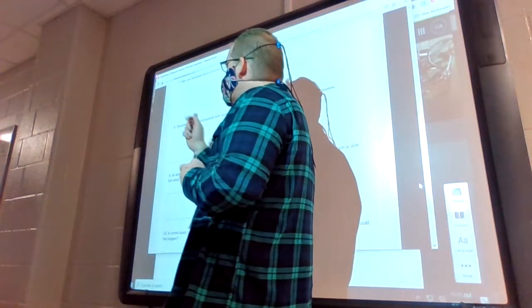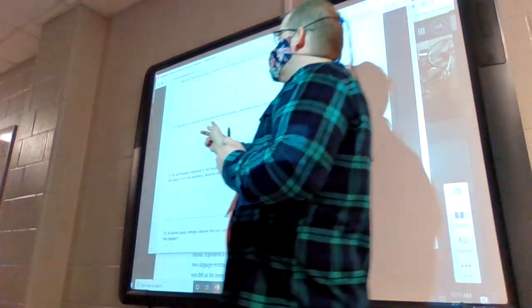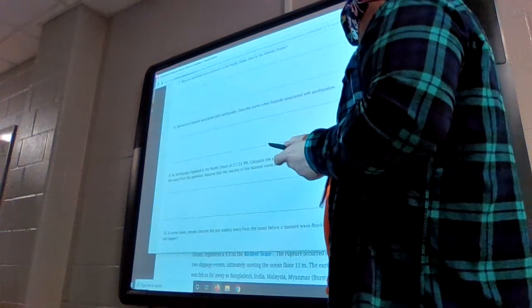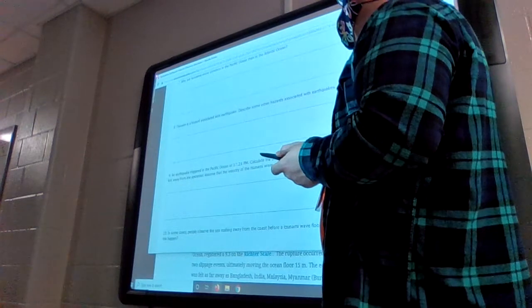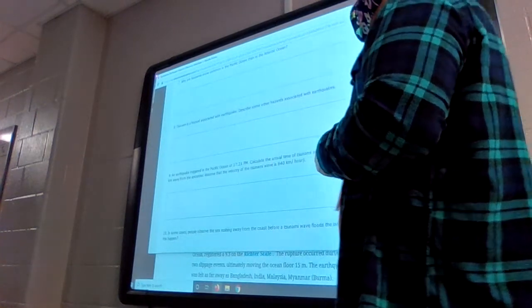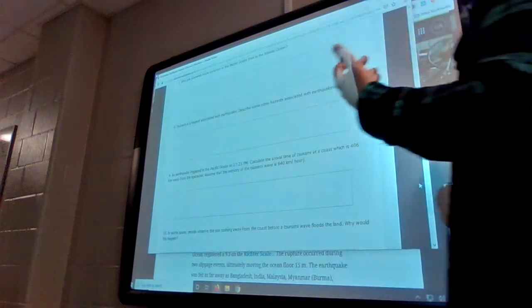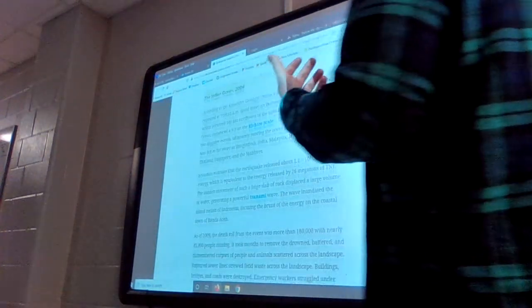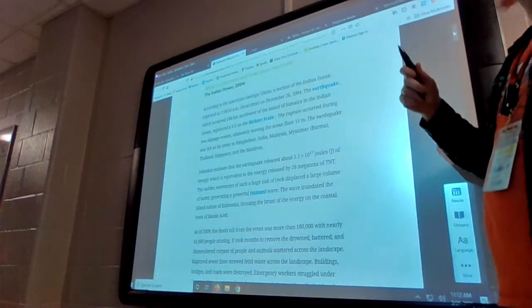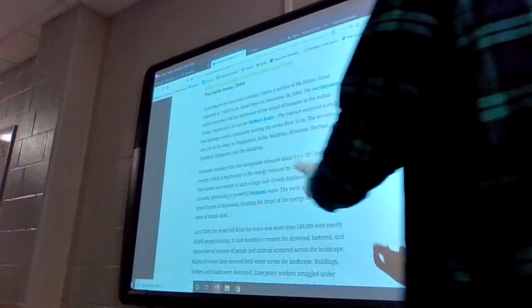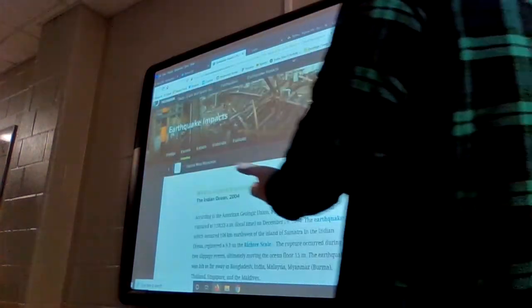So number 8, tsunami is a hazard associated with an earthquake. Describe some other hazards associated with earthquakes. So other hazards associated with earthquakes, they kind of went through this. Obviously, the initial earthquake itself, so the seismic waves, the shaking, that's going to be a hazard in an earthquake.